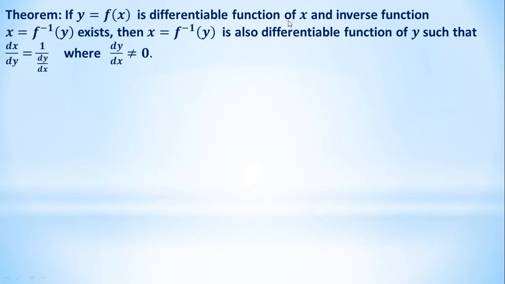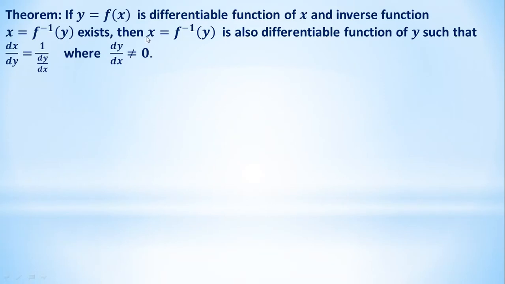And if the inverse function, how will you write the inverse function? It is written as x is equal to f inverse y. Compare this: y is equal to f of x, then x is equal to f inverse y exists.